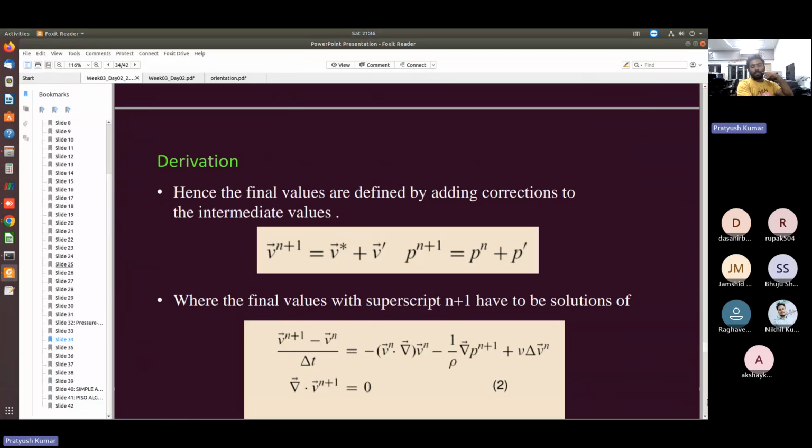Speaking of how many non-orthogonal correctors are required, that depends upon your problem. For example, sometimes it happens that it solves the problem by taking only the value equal to two.